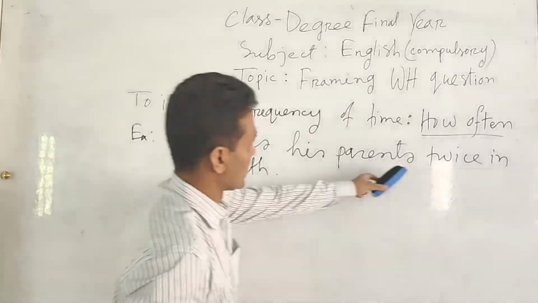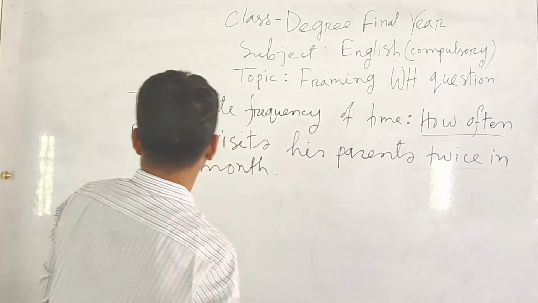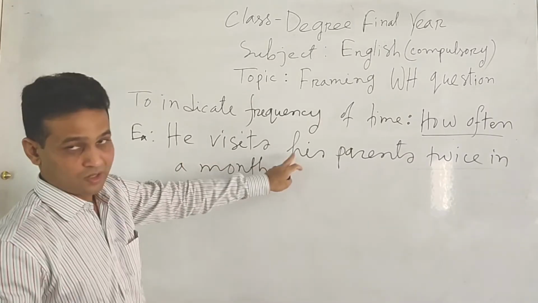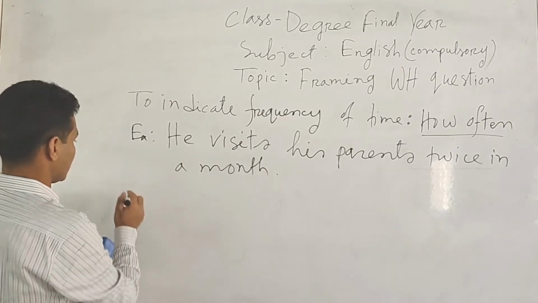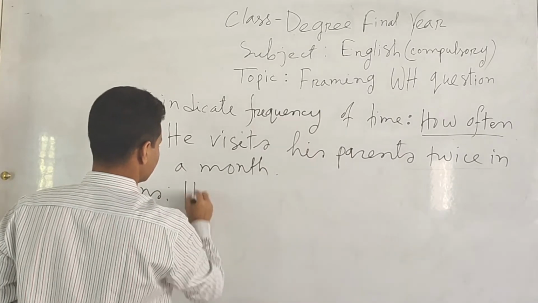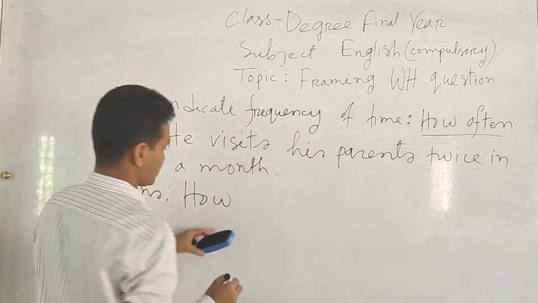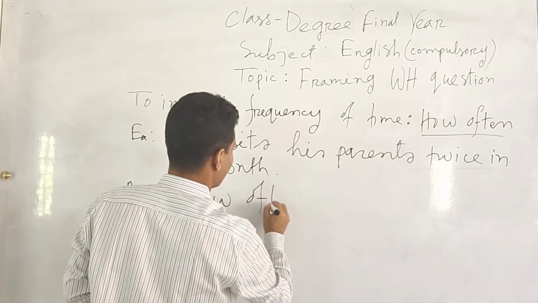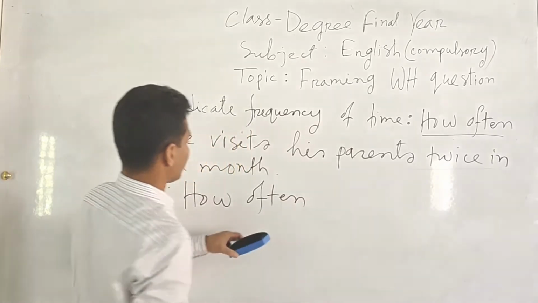He visits his parents twice in a month. That means how often. To form a WH question from this sentence, you have to use how often, of course. Answer: at first you have to write down how often.